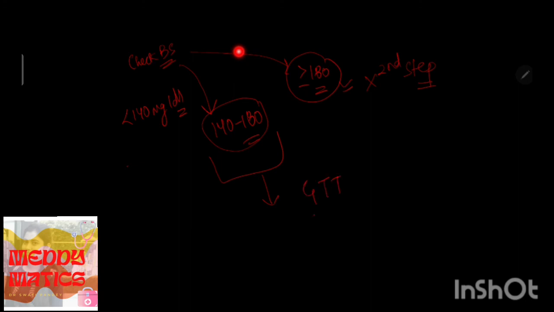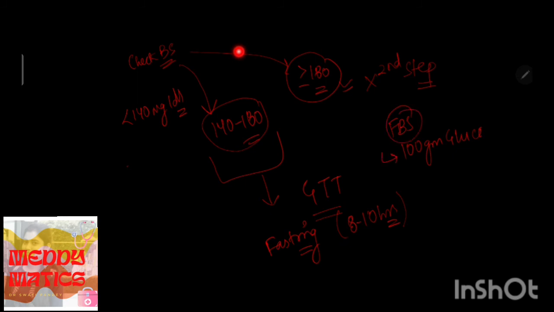Here the female is asked to do overnight fasting, and after fasting of approximately 8 to 10 hours, we give the female 100 grams of glucose. We first measure the fasting blood sugar, and after giving 100 grams of glucose we take the second sample, then the third sample, and then the fourth sample.